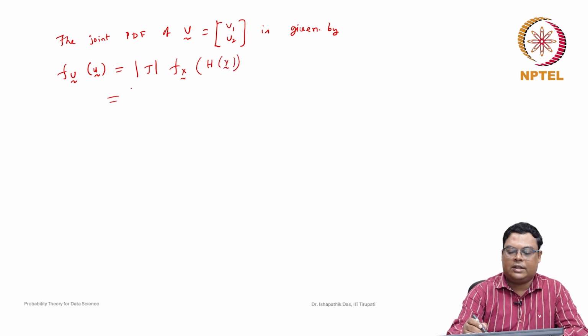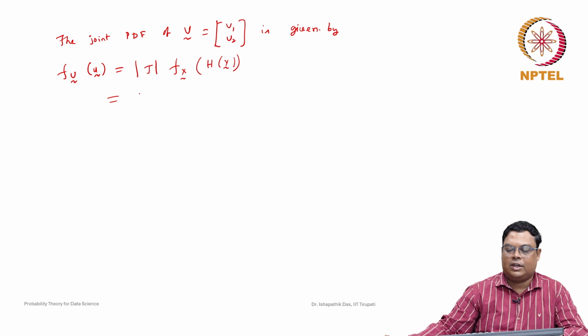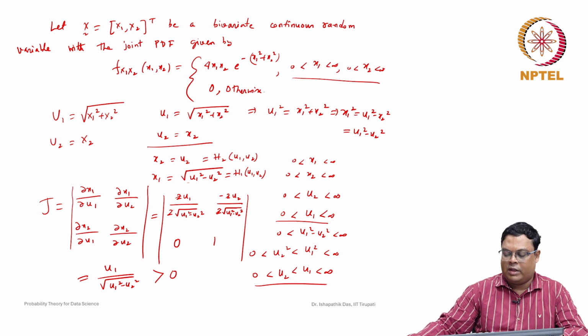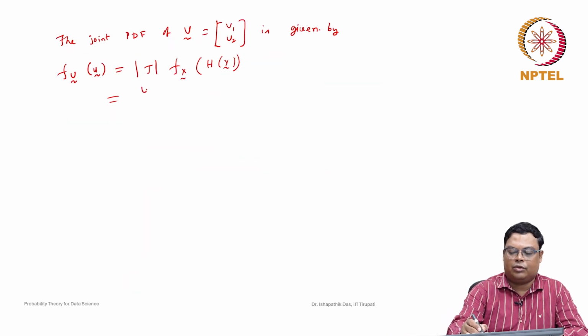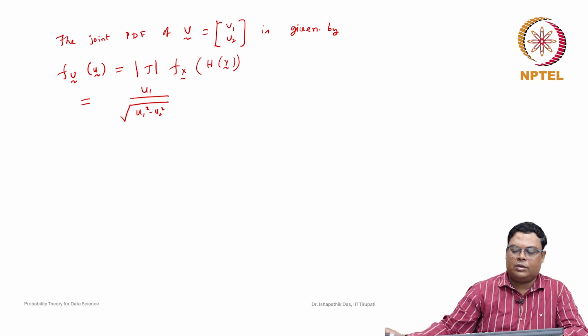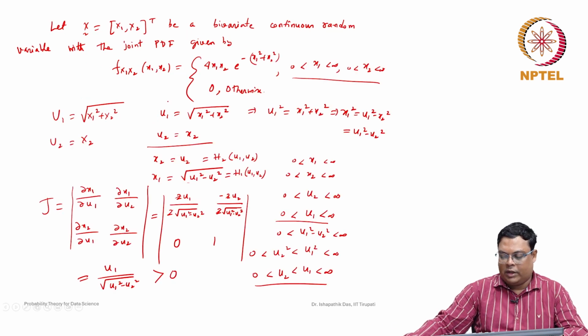Then this Jacobian is nothing but u1 by root over u1 square minus u2 square. So this is equal to u1 by root over u1 square minus u2 square, and then we have to find what is f of x1 x2.